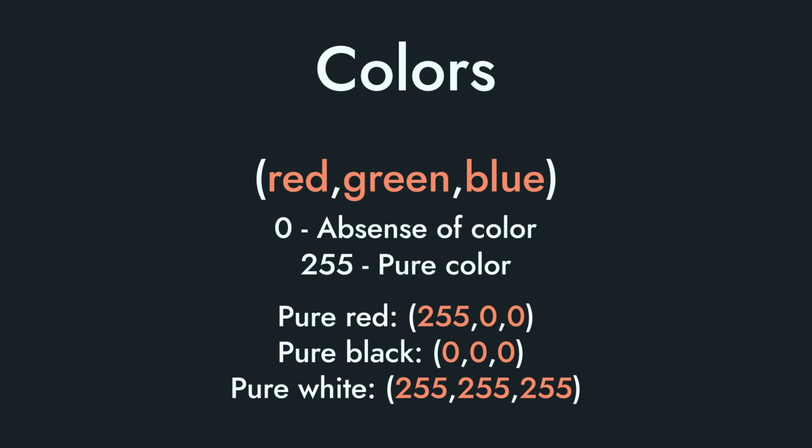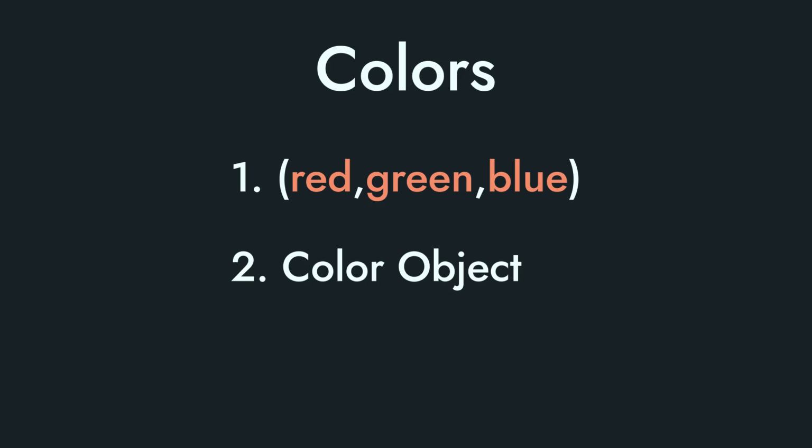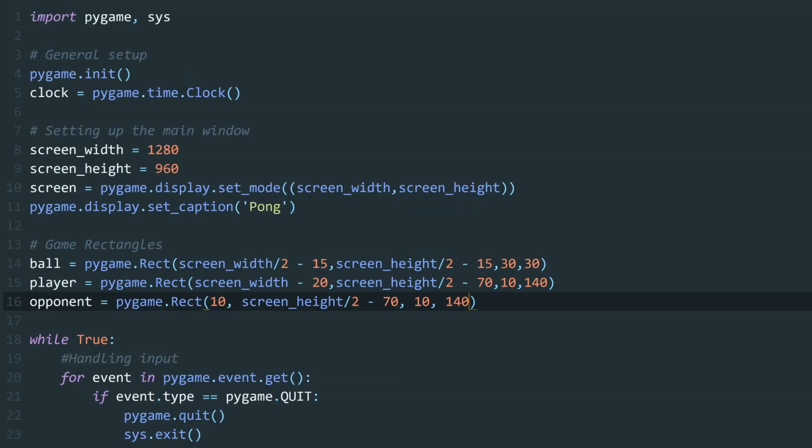The other way to create colors in Pygame is with a color object. This one is created with the command pygame.Color, and you pass in the string of the name of a color. You can find all of the available color names online. And that's basically it for this one. Let me use both methods so you guys have an idea of how it looks in the code. I will make the background with a color object and use an RGB tuple to make a grayish white that I will use for all the other shapes.